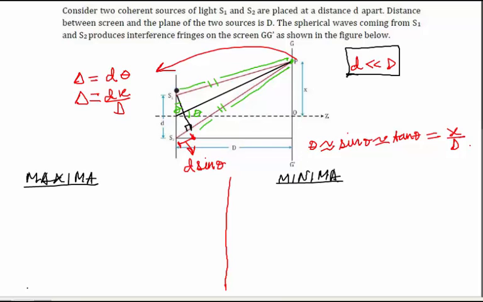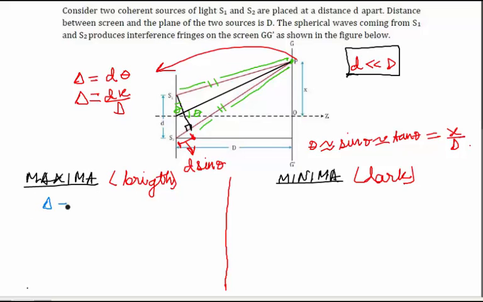Maxima, as we already know, will be a bright fringe, whereas the other is a dark fringe. Or similarly, we can call them by constructive and destructive interference: this is constructive interference and that is destructive interference.